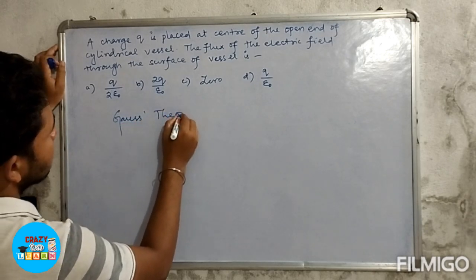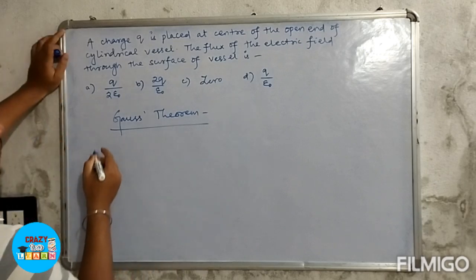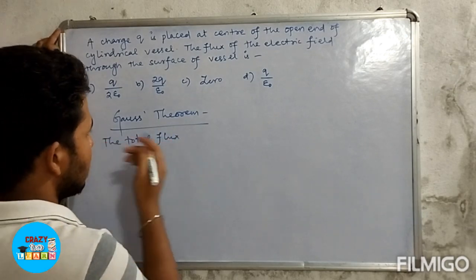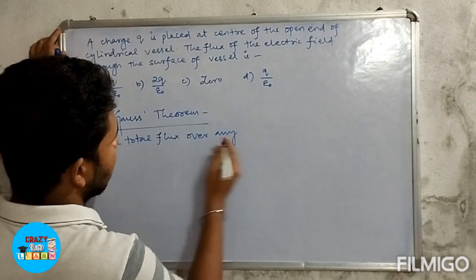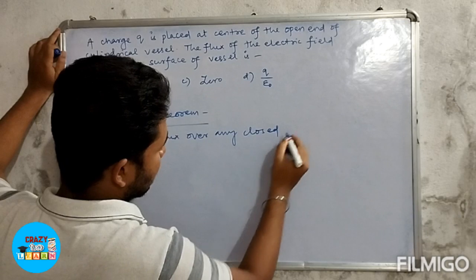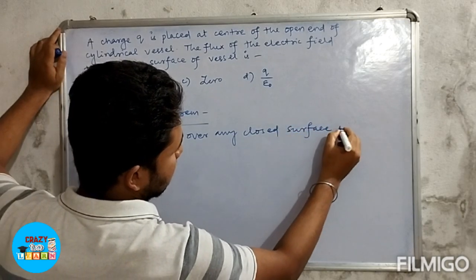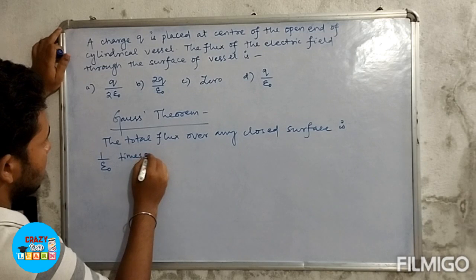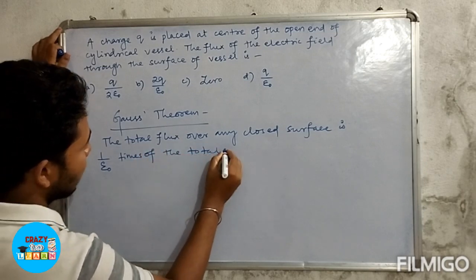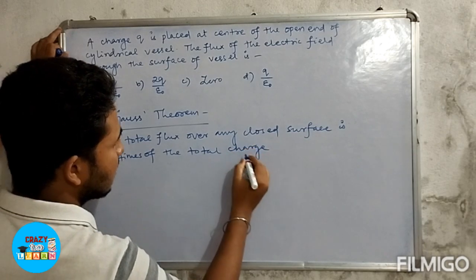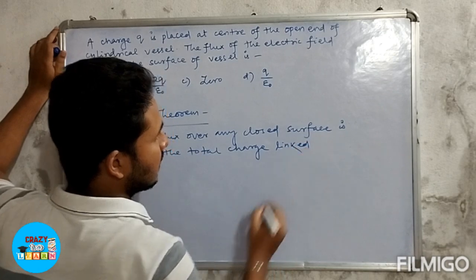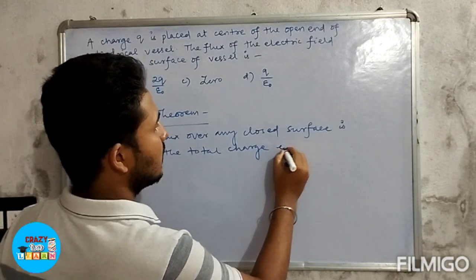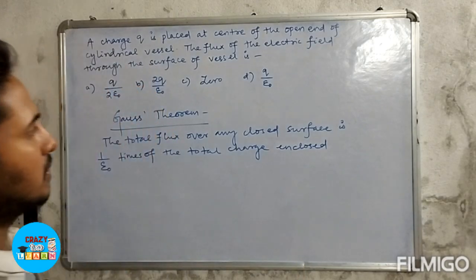What does Gauss theorem explain to us? The total flux over any closed surface is 1 by epsilon times the total charge linked, the total charge enclosed.